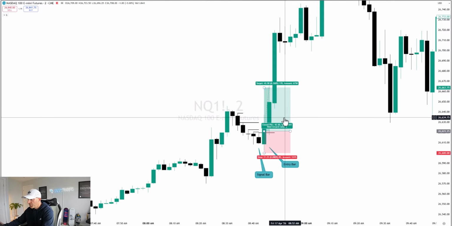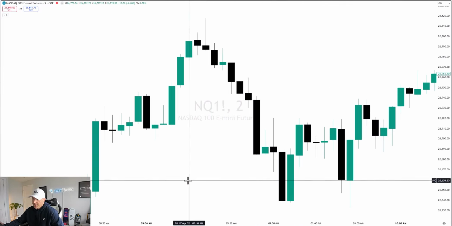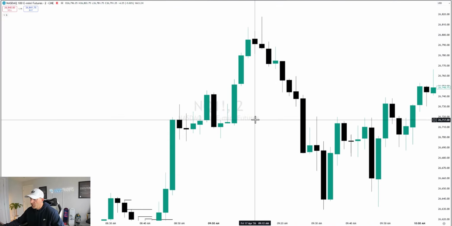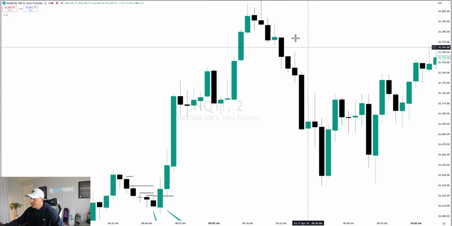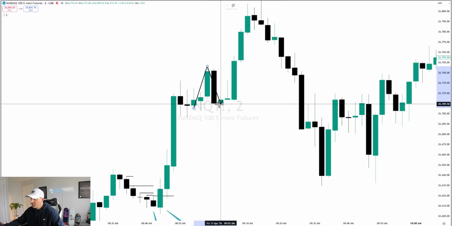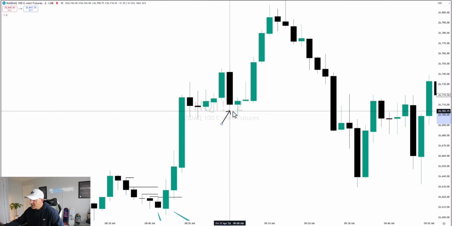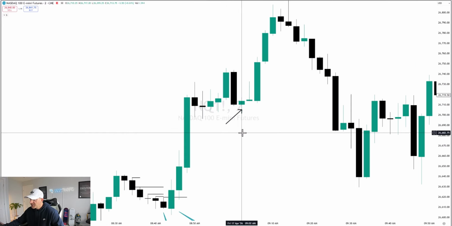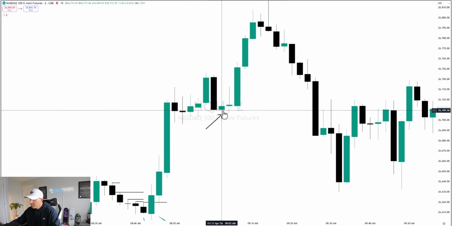Now let's go through and look even right here, right? We have a nice pullback. We push up, there's our pullback, that 2 minute candle. This candle right here finds support.